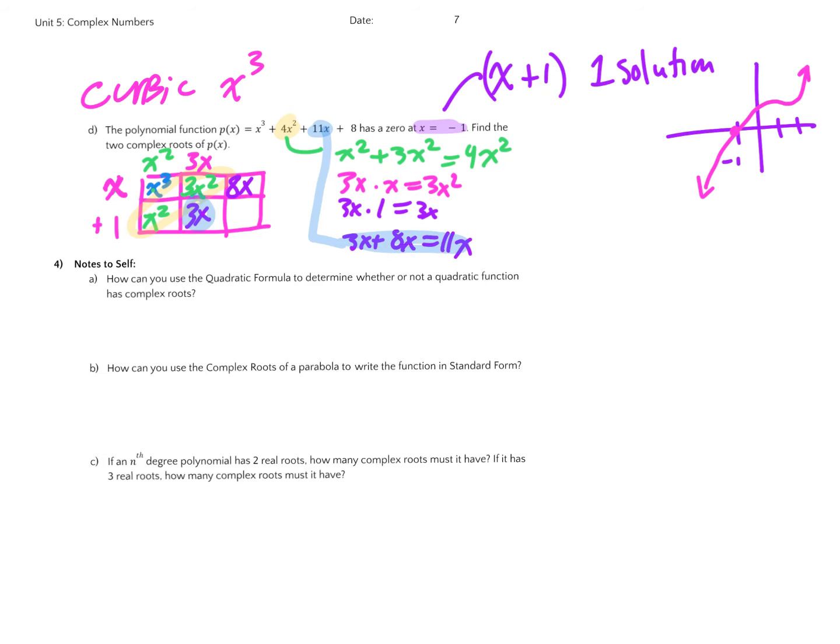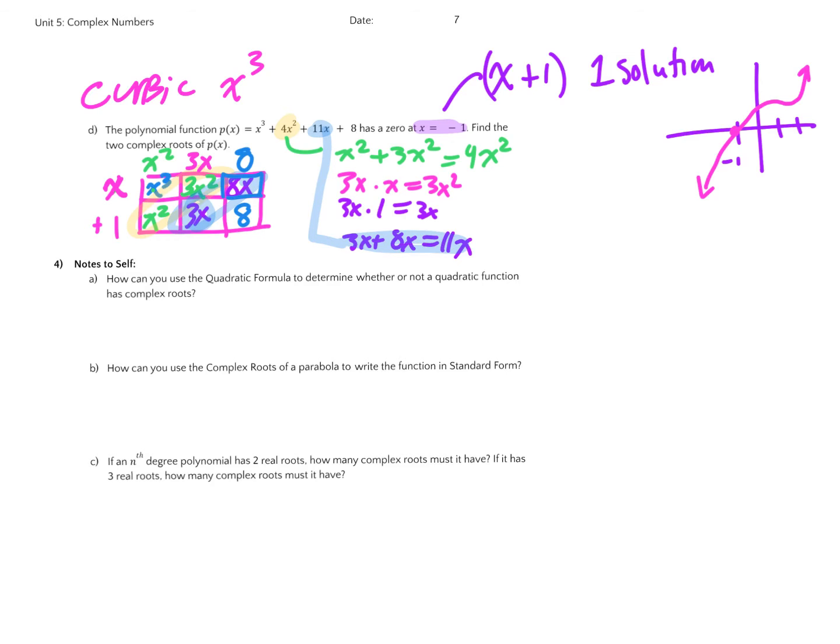So for that to be true, this must be 8. 8 times x is 8x, that's what I have here. 8 times 1 is 8. These are the things that combine for the 8.